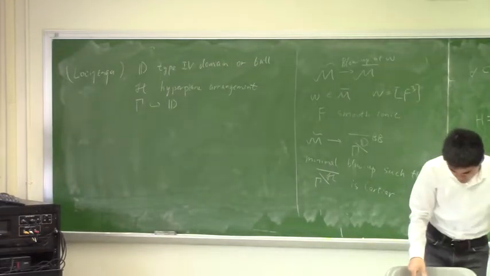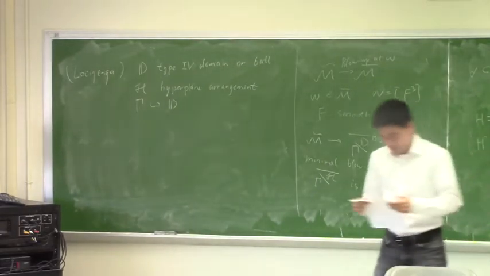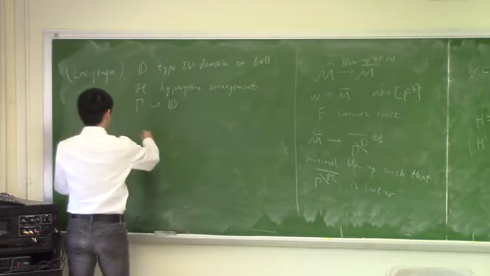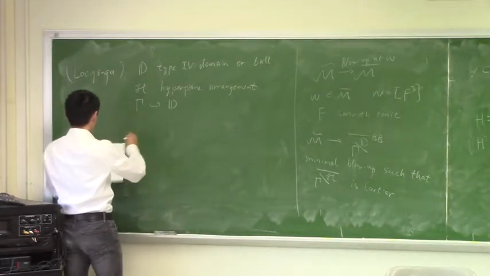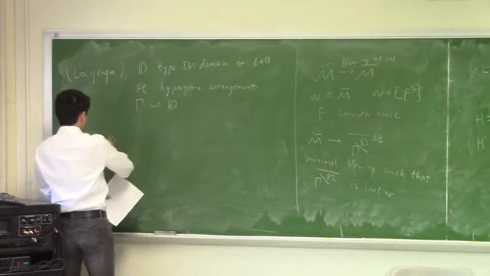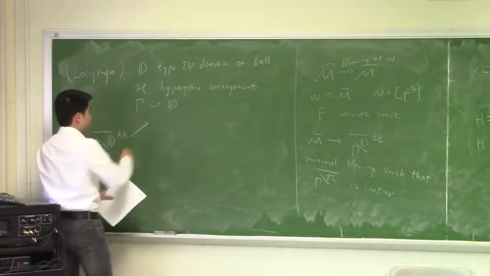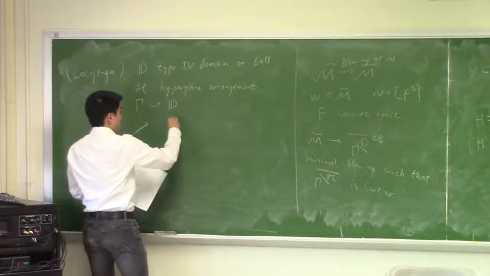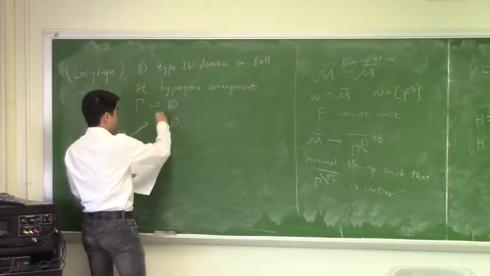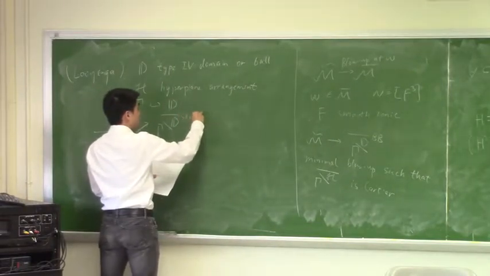So he considered this computation of the hyperplane arrangement. So first we have the Bethe-Borel computation. We do some blow up. So this is called a symmetric blow up.